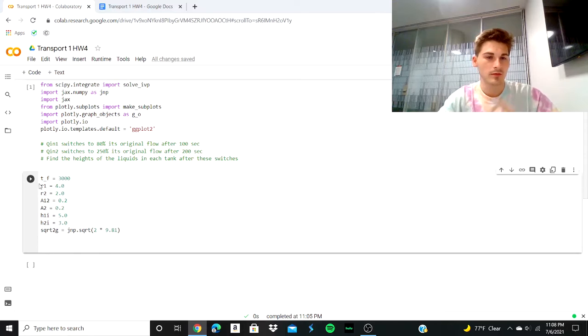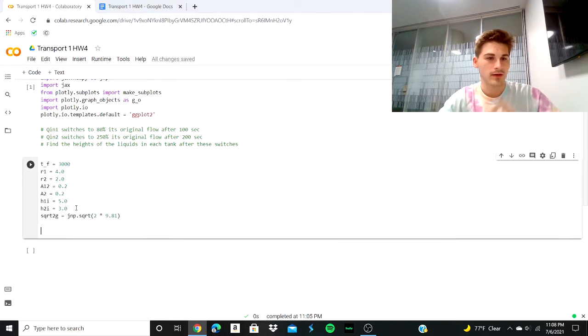We have the radii of our first and second tank as being 4 and 2 meters respectively. The cross-sectional areas of the pipes between tanks 1 and 2, and then the pipe leaving tank 2, they have an equal cross-sectional area, 0.2 meters squared.